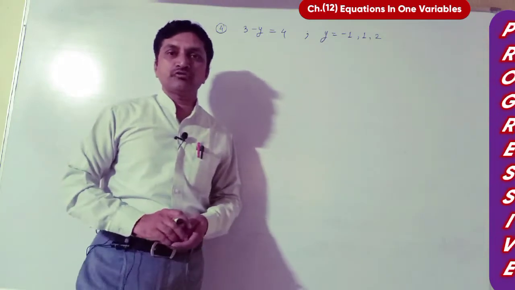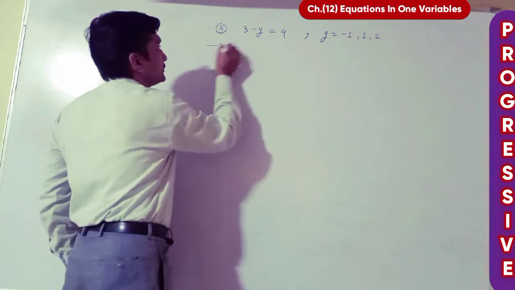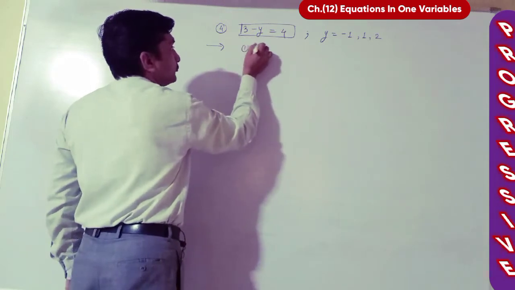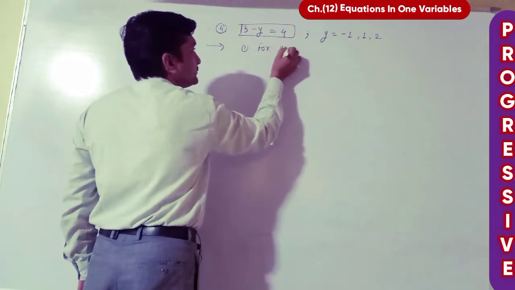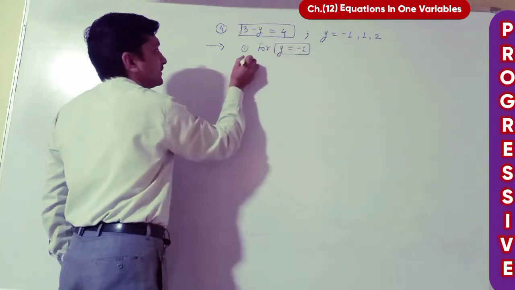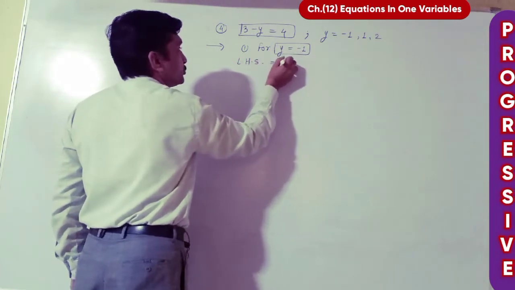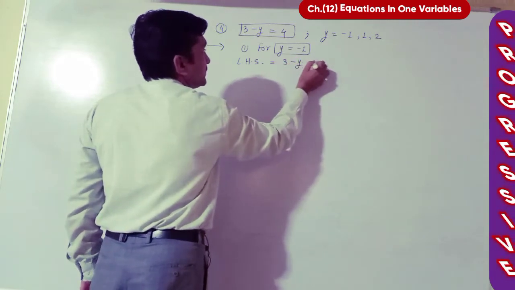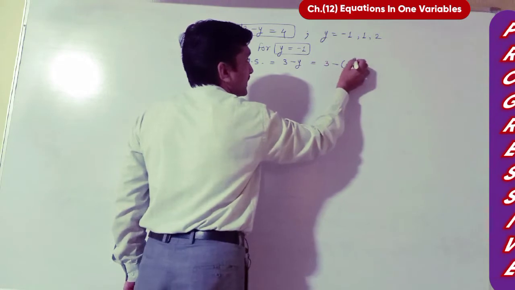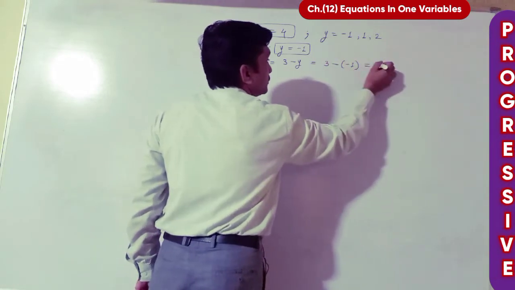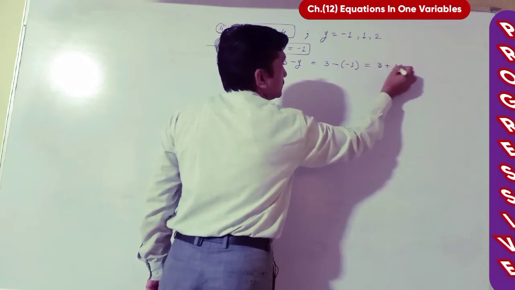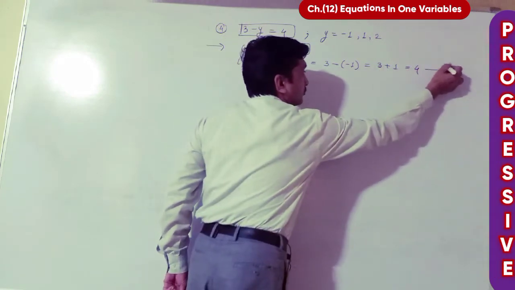Now let's see example number 4. Equation is 3 minus y is equal to 4, for y is equal to minus 1, first value. Left hand side is equal to 3 minus y, is equal to 3 minus, and the y value is also minus 1, therefore in bracket I write 3 minus (minus 1), 3 plus 1 is equal to 4, here number 1.